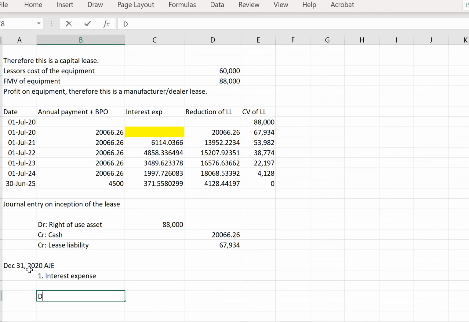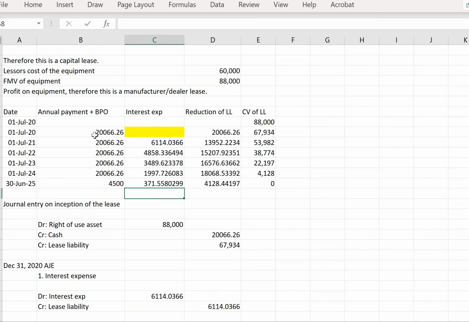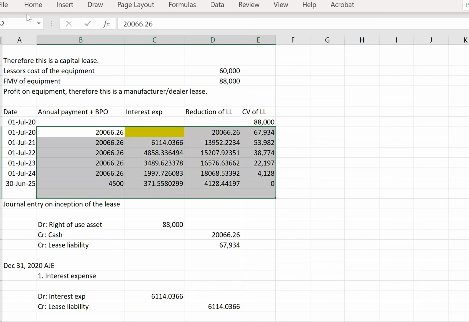So our entry for interest expense is always debit interest expense and credit lease liability. Okay, and normally we would pick up the number right from our schedule here. So we would be recording this number and this number, ignoring the rounding there. Let's get rid of our decimals in this schedule.